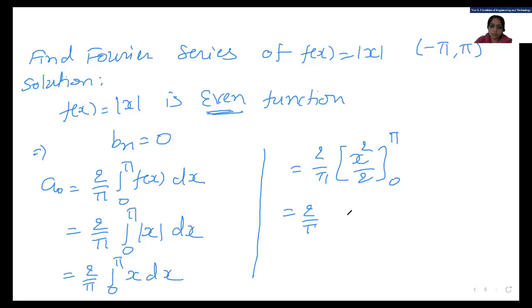So 2 by pi, if I take 2 common, both 2 will be cancelled, right? And by substituting the upper limit and lower limit, answer will be pi square minus 0, that is just pi square. So 2 cancel, 1 pi cancel. So value of a0 is just pi. Value of a0 is pi, right? Pi square by pi, so it is pi.